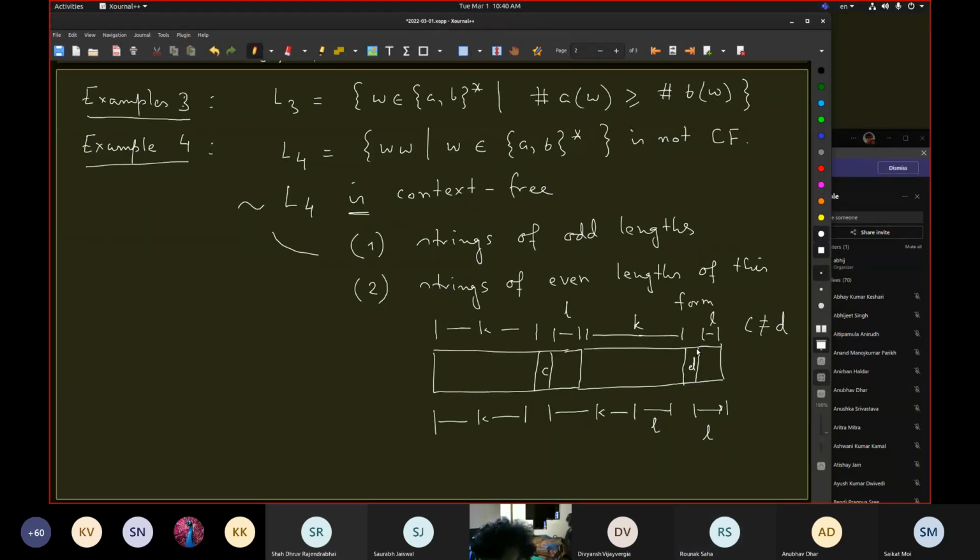Okay. So the only question is who will tell the machine what the value of K is and what the value of L is. Of course, it cannot try all possible values of K and L because it can read the input once and only once. So any suggestion?